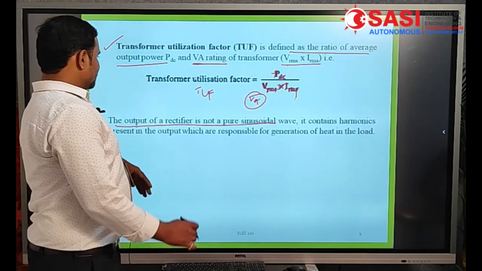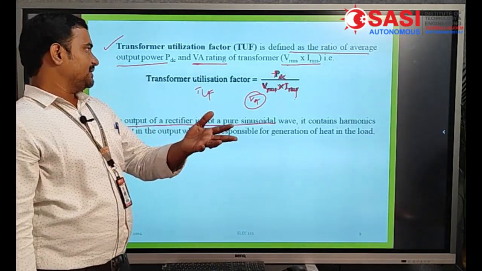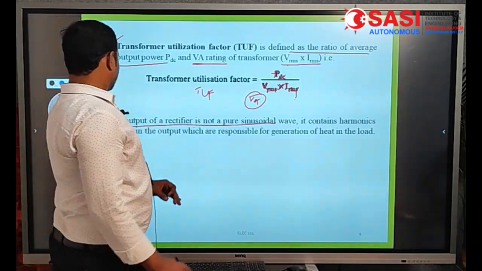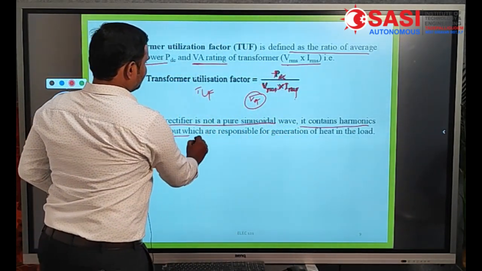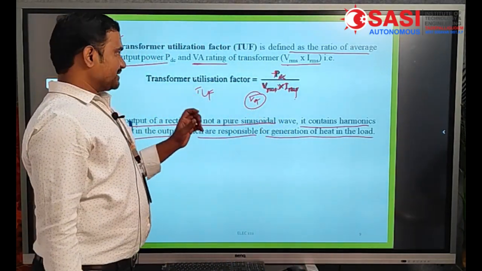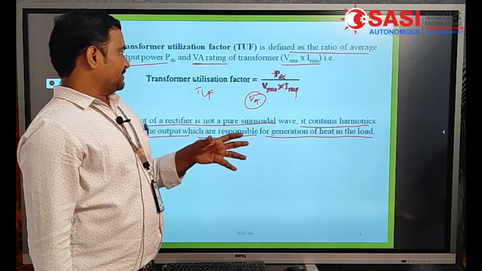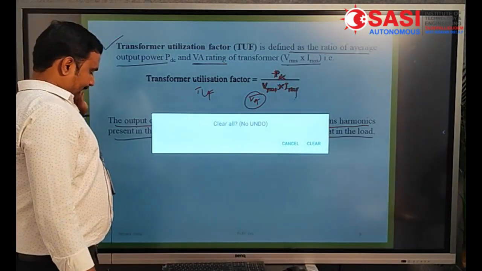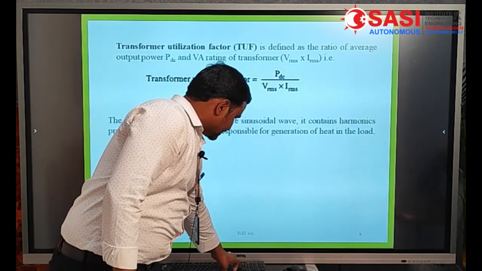So we will not get pure, unidirectional DC for the complete period of time. Therefore, it is not pure, and the output contains harmonics which are responsible for generating heat in the load. Because of the harmonic components, some heat generation happens in the resistive load. So that's the conclusion with these single phase half wave controlled rectifiers.